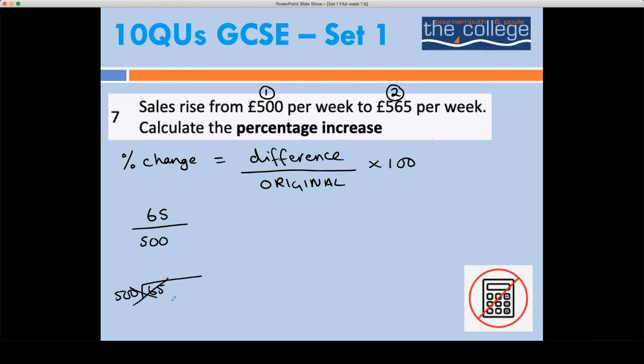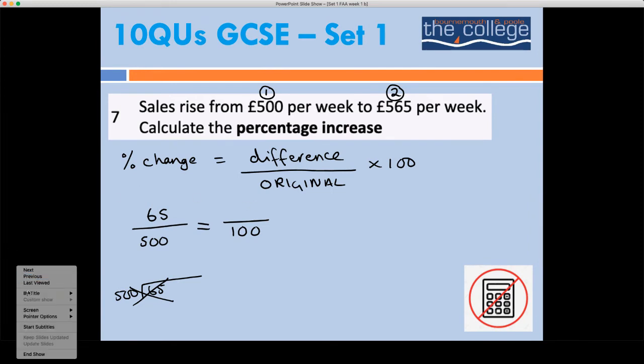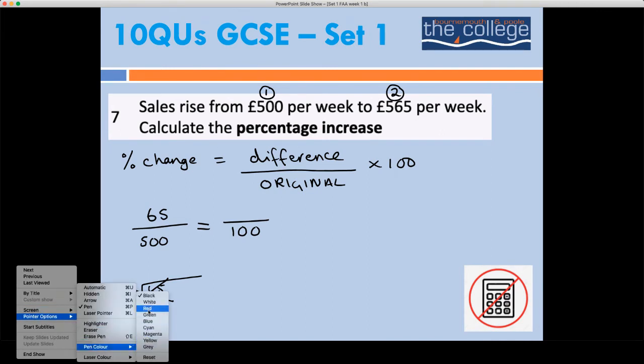There's a much easier way of doing this one. If you're trying to get that into a percentage, all you need to do is think about, right, if I can get this fraction here into hundredths rather than 500ths, all I then need to do is lift off this top number here, and that is my percentage. So I'll just change my pen color. See if you can be thinking what that answer might be.